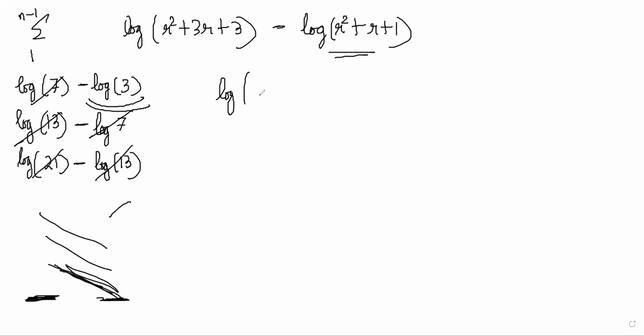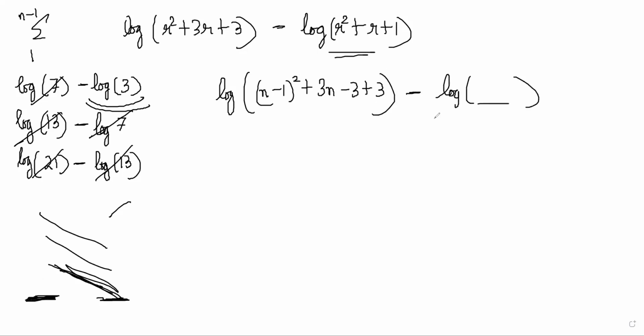So it will be log of n minus 1 square plus 3 into n minus 1. So 3n minus 3 plus 3. And this term I won't even write because it will get cancelled, because all cancellations are happening like this, right? So I want to eventually end up with log of this one is n square minus 2n plus 1, n square minus 2n plus 3n, so plus n and plus 1, that's it, right?